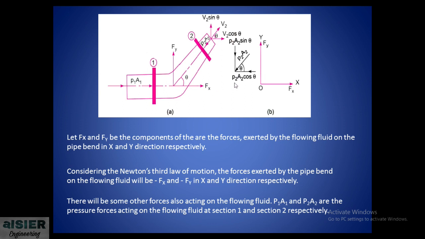The component along the y direction is P2 A2 sin theta, and along the x direction it is P2 A2 cos theta. Similarly, the velocity at section 2 is V2 cos theta along the x direction and V2 sin theta along the y direction.